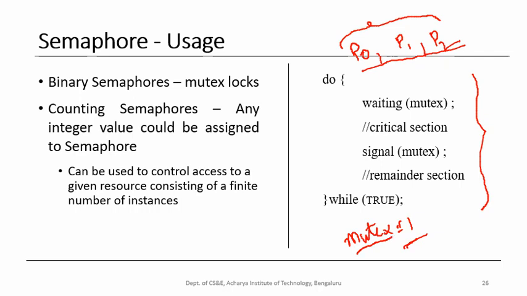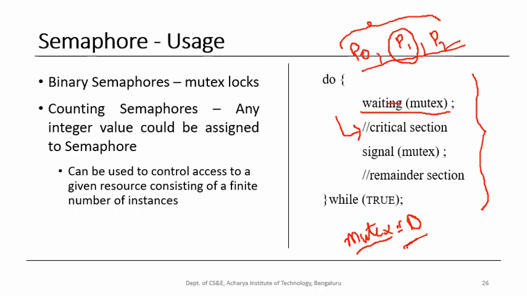If some process wants to enter into the critical section, let's say this process P1 wants to enter into the critical section, it will do this operation, waiting, sorry, it should have been wait operation on mutex. So what will happen to the value of mutex? Because the value of mutex is greater than 0, it is simply decremented, mutex becomes 0, and P1 is allowed to enter into the critical section, right?